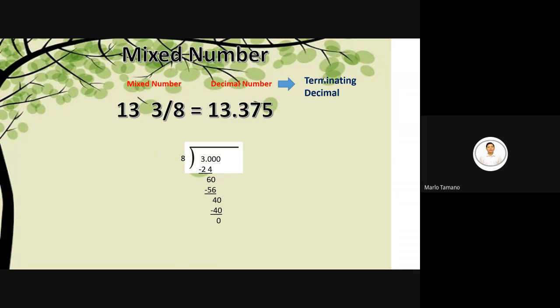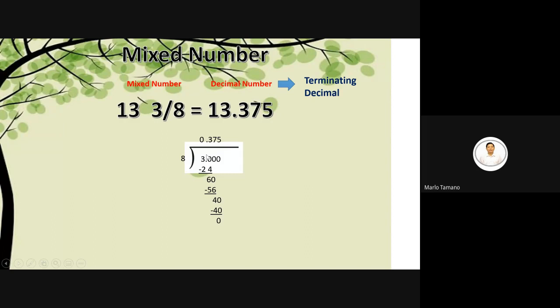Since it cannot be divided, pwede kayo maglagay ng 0, then point, add 0. Isang 0 muna. Huwag niyong diretso yan. So ilalagay po ninyo ang sagot doon, 0. Tapos nag-add kayo ng point dito sa right side ng 3, then add 0. Maglalagay na rin po kayo ng point doon sa itaas.